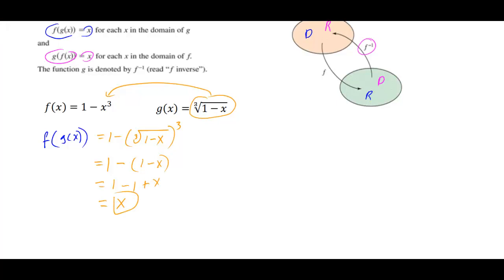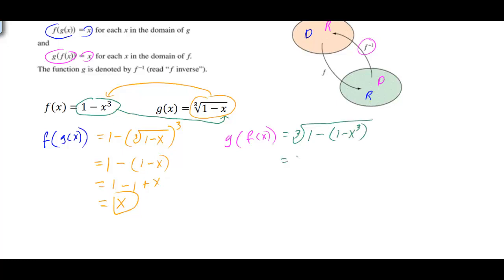And hopefully you quickly say no, because we still have to check for g of f of x. So that means that we're going to take our function f, which is 1 minus x cubed, and we have to substitute this in the place of x. So we would just have the cube root of 1 minus, and put parentheses around your x here, which is 1 minus x cubed.